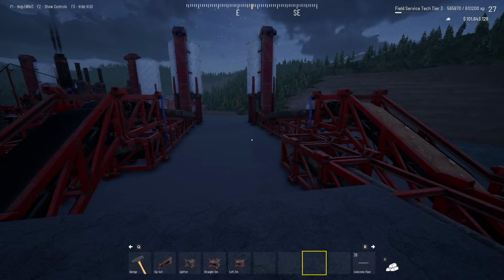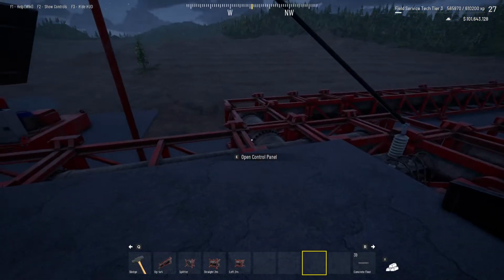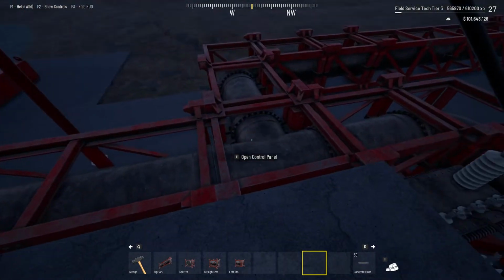So I think that we are getting less, but it's not by a lot. So I'll have to add multiples. So after I'm done single splitters, I'm going to add multiple splitters.